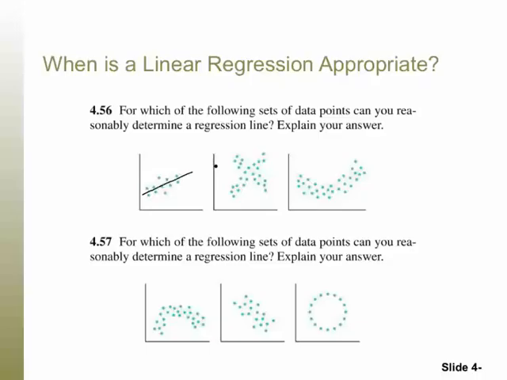Something like that would be appropriate to put a best fit line on. The other two, not. What about the second example here? The middle one, right? This one is curved. This one is weird. You never have real world data like that.